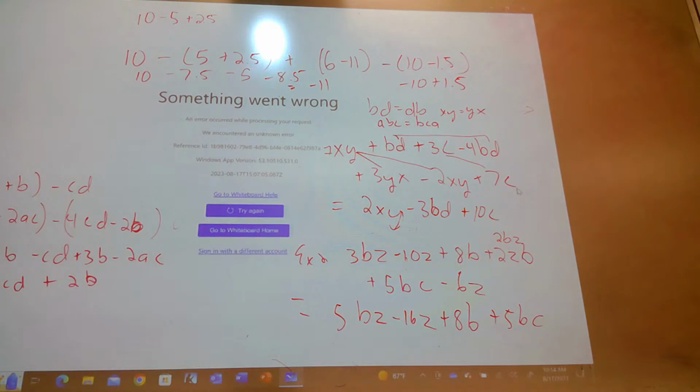So you have minus AC, and then you have another AC. Look for the other AC. You have minus 2AC. Okay, so minus AC, minus 2AC. Look for the ones that are the same and combine them.